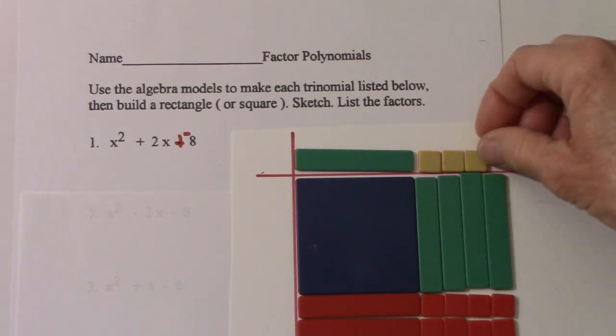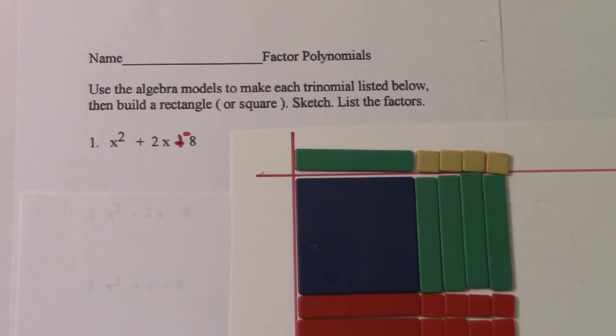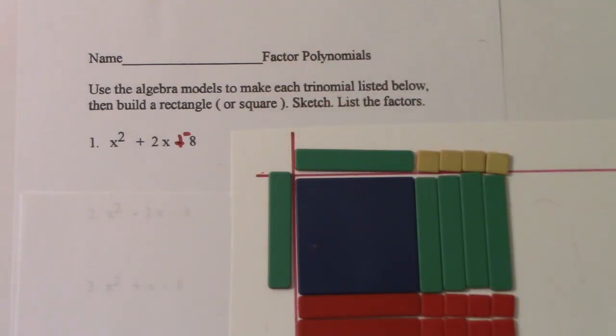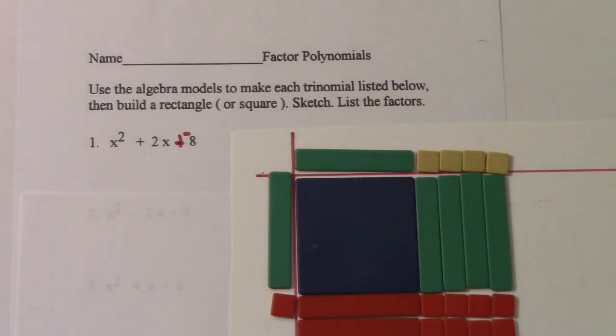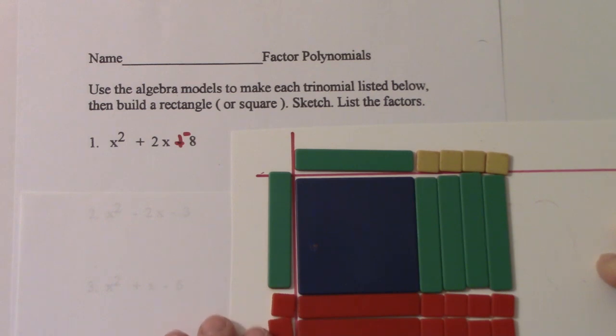But once they see here, when the last term is negative, they're going to have some zero pairs. They'll start to notice the pattern if you organize it so they can see a pattern. But if you mix all the problems together, there's no pattern, so they can't see a pattern.